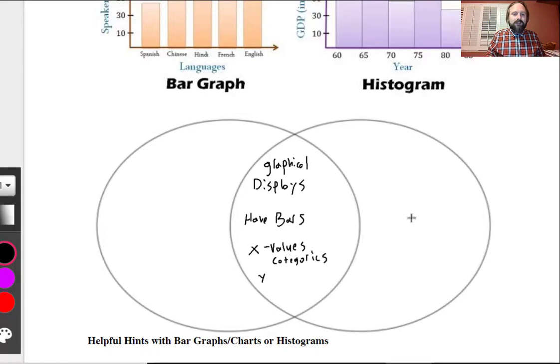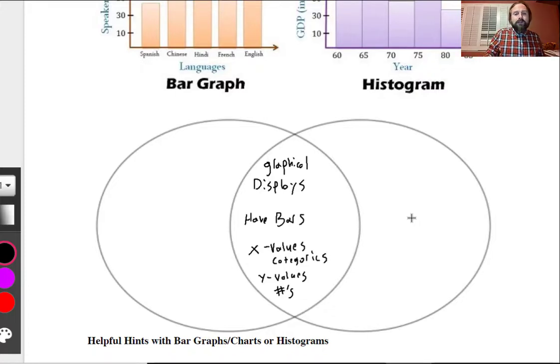And the Y values, for the most part, are going to be represented by numbers. Like how much of this? Like this is going to be 10 speakers. This is going to be $10 million, that sort of thing.